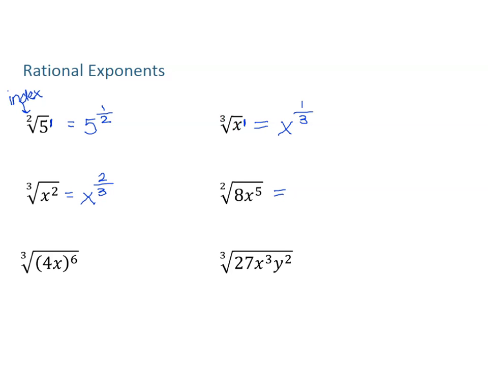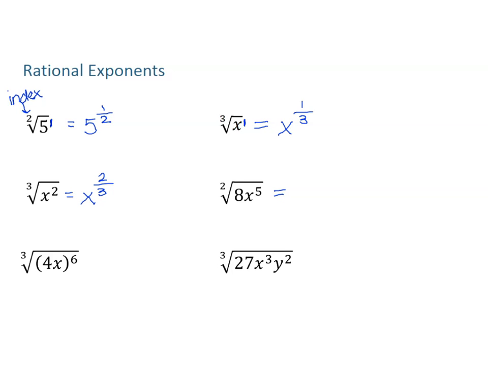Now, this one we have to be careful with because this 5 that's inside is not an exponent for the whole thing. So this 5 just goes with the x. It's not 8 to the 5th. Only the x is being raised to the 5th power. So the 8 doesn't seem to have an exponent, and when something doesn't seem to have an exponent, remember it really does.